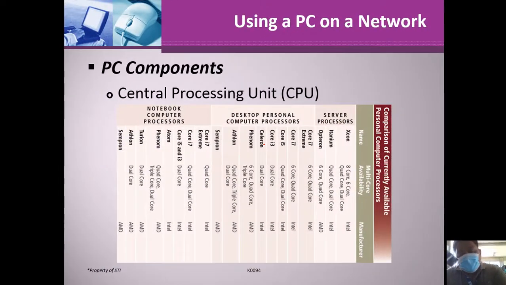So we have here a list of processors, from notebook computers to desktop to server processors. We have a specific processor for the network, for the server, or for the computer that is designed to be a server. We have here Sempron, Athlon, Turion, Phenom, Atom, Core i5, i7, Extreme, i7.